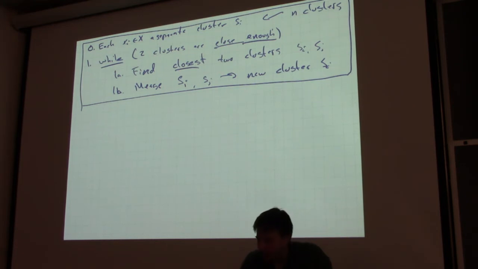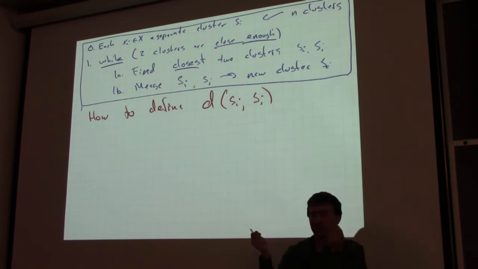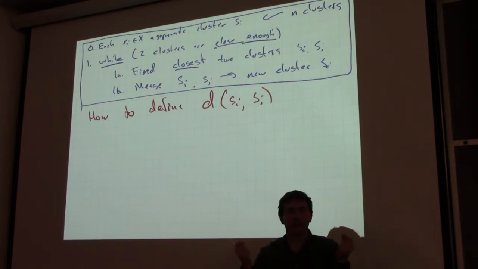Right? So, okay, at this part, how to define a distance between Si and Sj, right? It could be that they're just 2 points, each Si and Sj both contain a single point in them, and then we can use our original input distance.